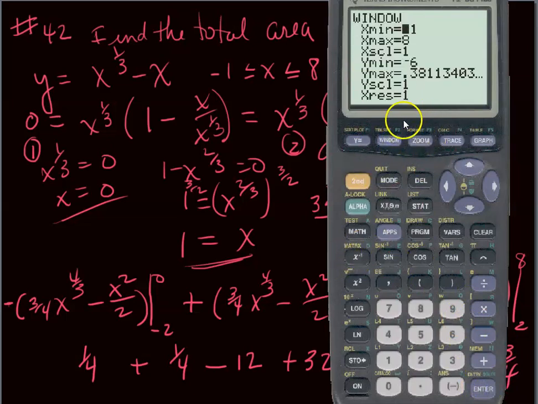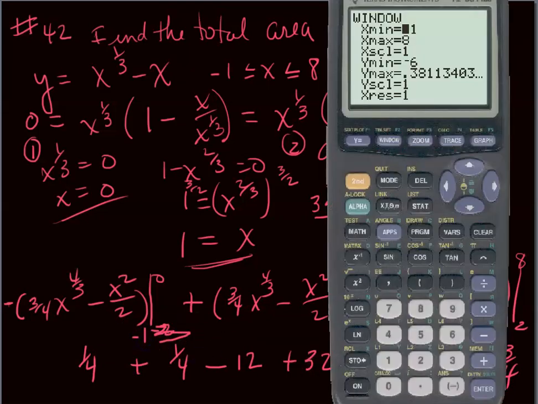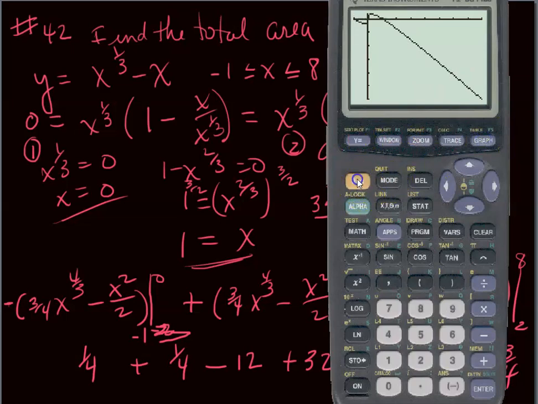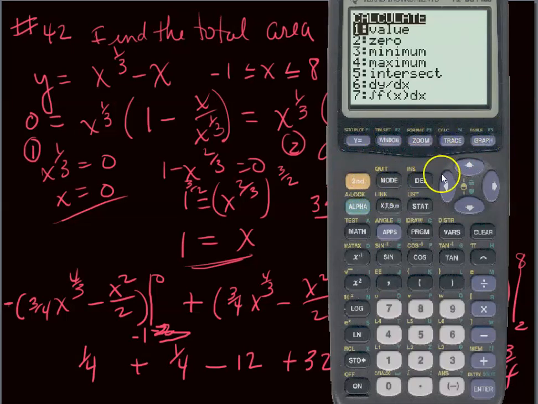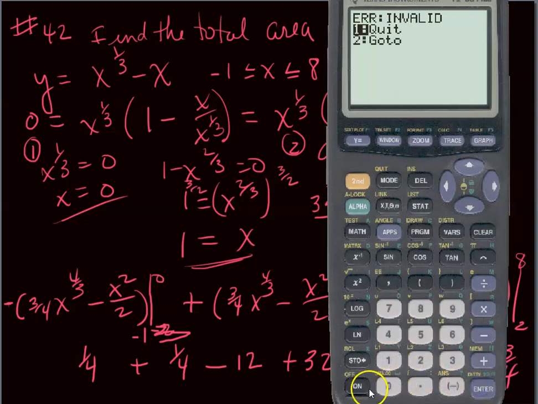This window. Oh. It is a -1, not a -2 here. -1. Let's try that again. Second calc, these signs can get really in the way. 7. Lower limit, -1. Upper limit, 0.